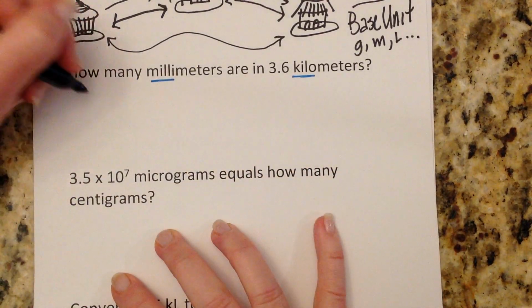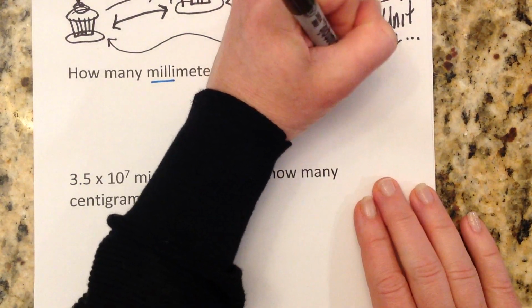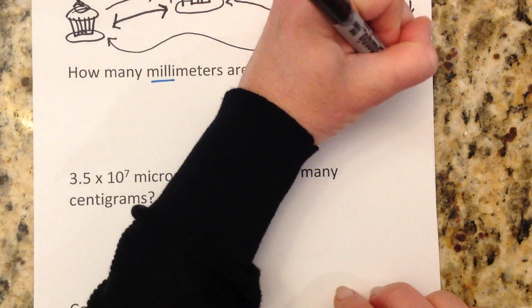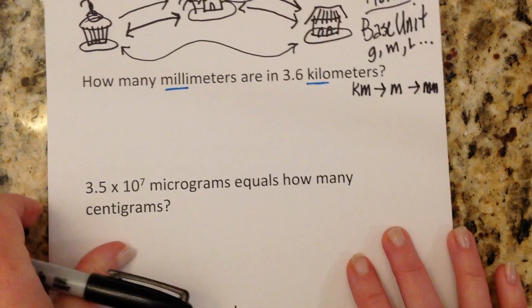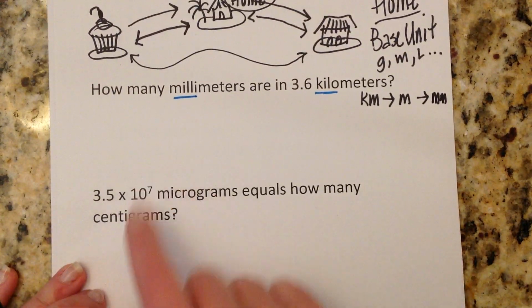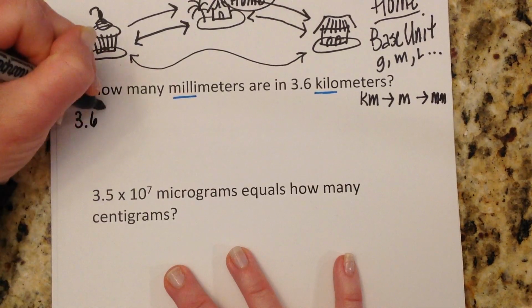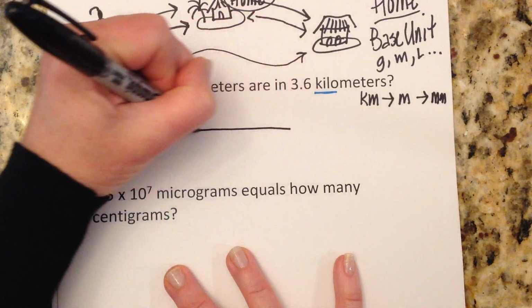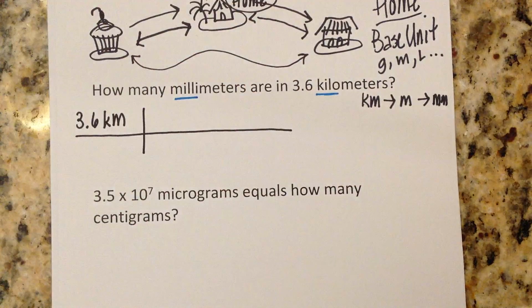So here's my plan. They gave me kilometers, so I'm going to go from kilometer to meter, which is the base unit, and then I'm going to hop over to millimeter. Is it a little more work? Yes, but it's easy. So let's write down the given first. I've got 3.6 kilometers. Now my long line this time is going to be a little bit longer because I'm going to have an extra little slot in there.